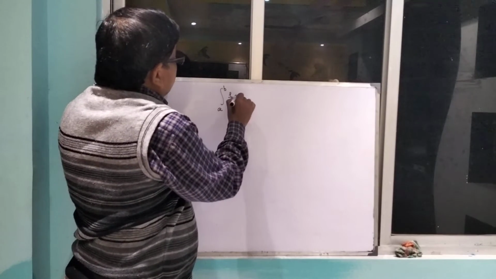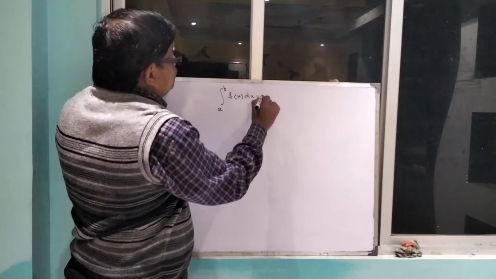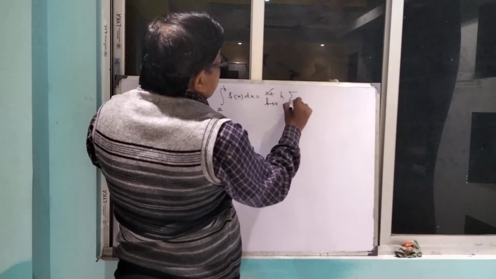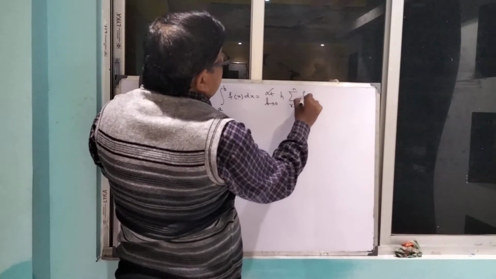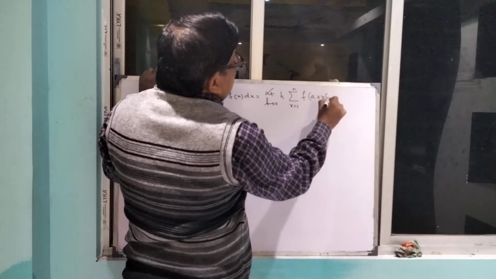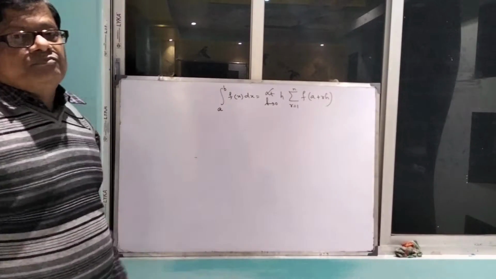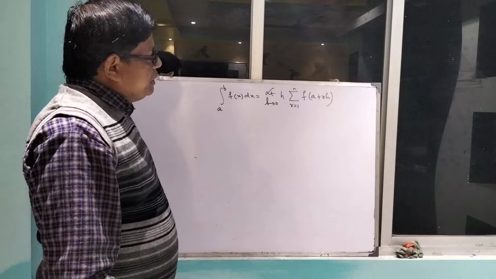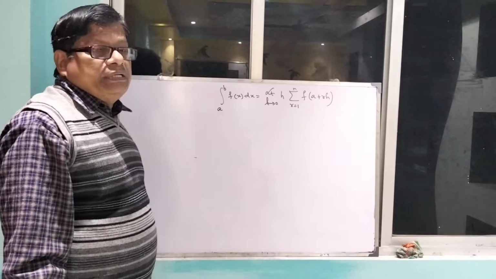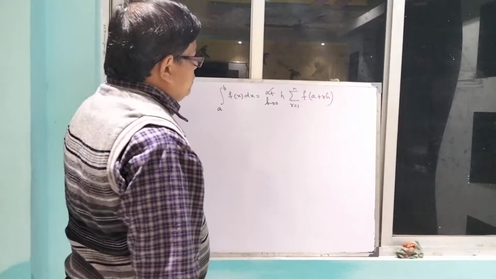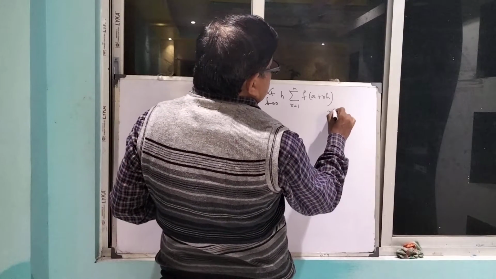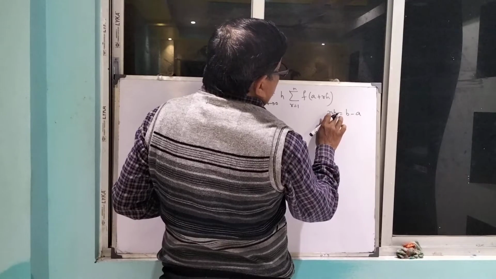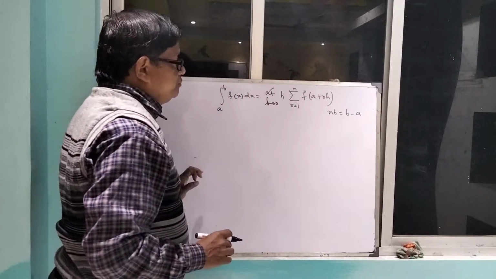The integral from a to b of f of x dx equals the limit as h tends to 0 of h times the summation of r equal to 1 to n of f of a plus rh, where nh equals b minus a. I will discuss this formula.